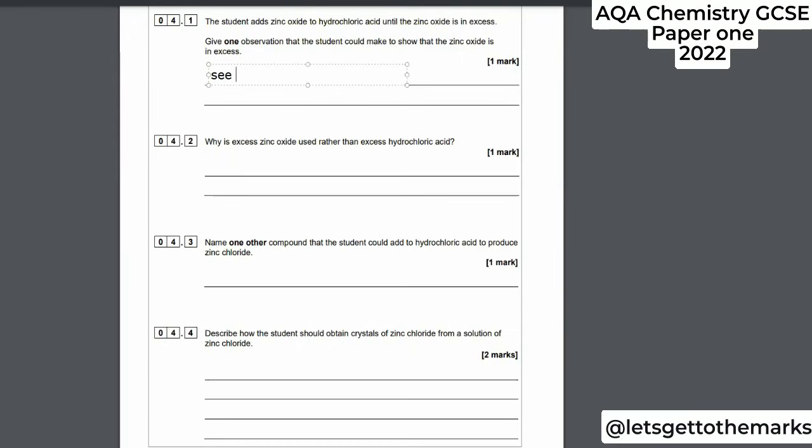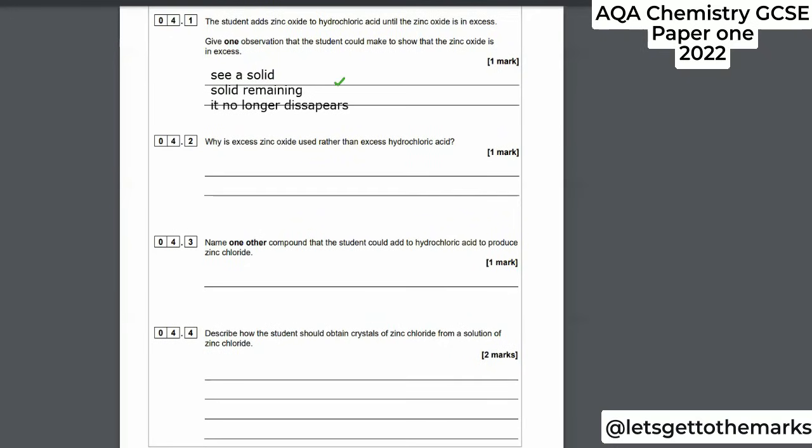So see a solid in the water, or you could say solid remaining, anything along that. You can see the solid floating in the water, sinking in the water, anything like that. It doesn't disappear. You shouldn't really say dissolves because it's not soluble, but sometimes they'll allow you to have that anyway.